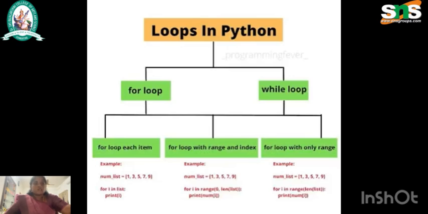So let us discuss the while loop and how it is used. It also repeatedly executes a block of code as long as the given condition remains true. So it is going to execute until the condition becomes false, and then the line immediately after the loop in the program is executed. What is the syntax?